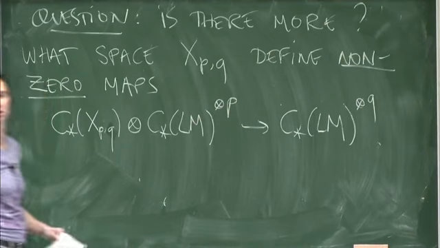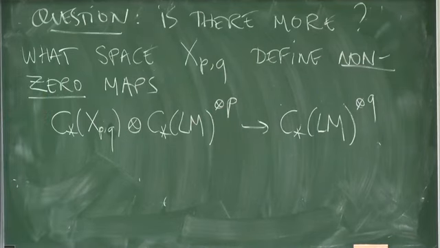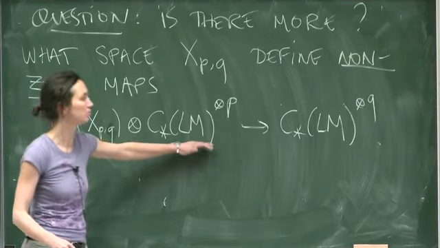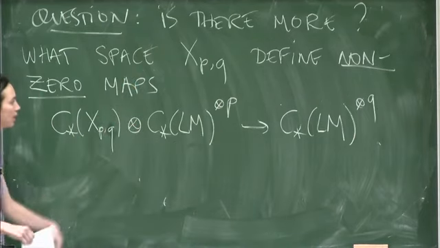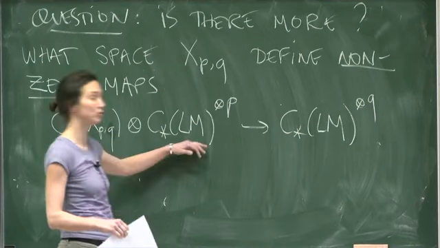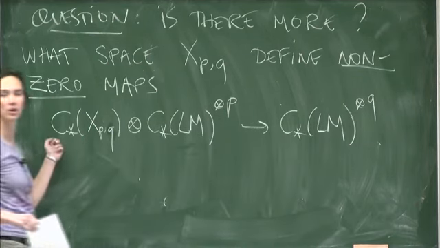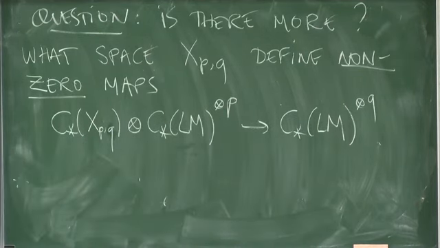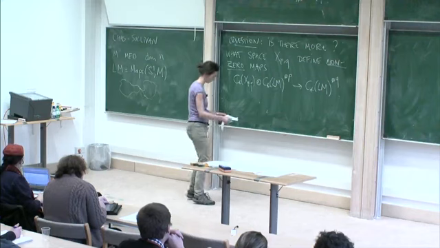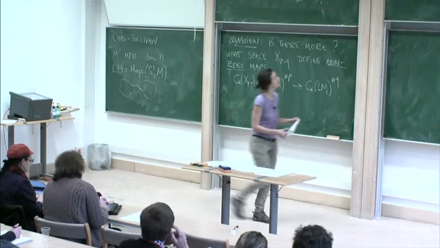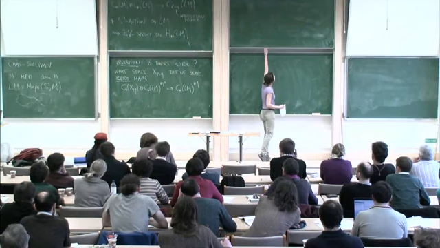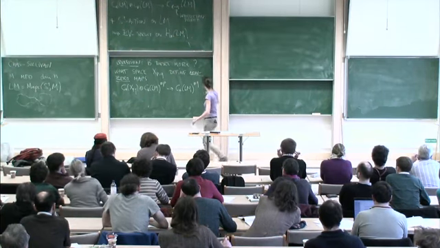So I'm looking for a prop of operations, where for each P and Q, whenever I have P inputs and Q outputs, I want a space or chain complex of operations. That's the question.